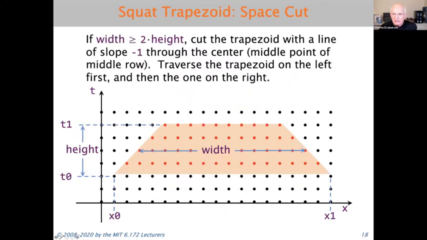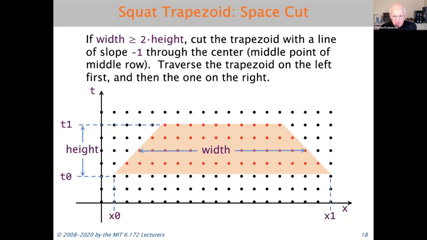Now, the way that we're going to compute a trapezoid is recursively. So when the recursive cache-oblivious algorithm encounters a trapezoid, and the height of the trapezoid is bigger than 1, it's going to choose one of two methods for recursively calculating all the points in the trapezoid.